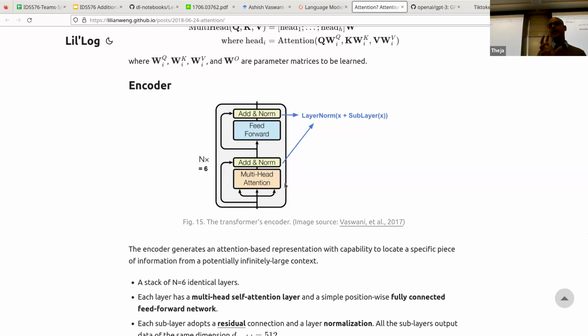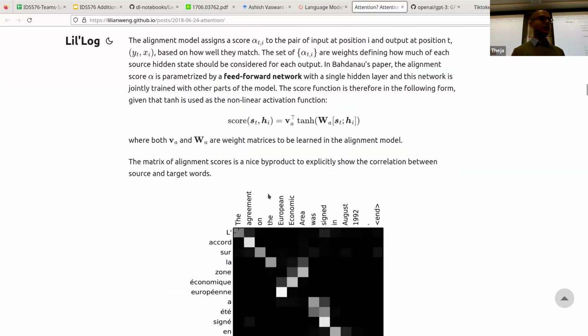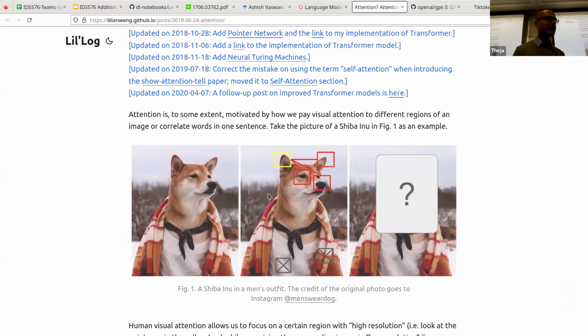This is again a link on our course lecture links, so you can also look at it. It covers not just this type of attention, the encoder-decoder attention, but a good chunk of the attention-related concepts that people have invented in the machine learning domain. You can see there was a table of contents.